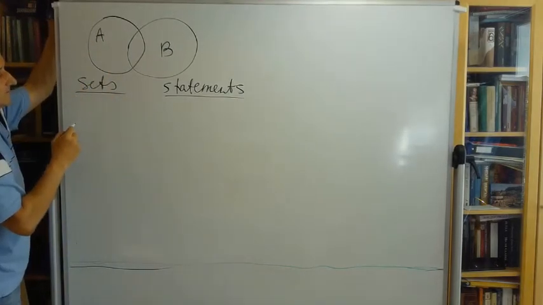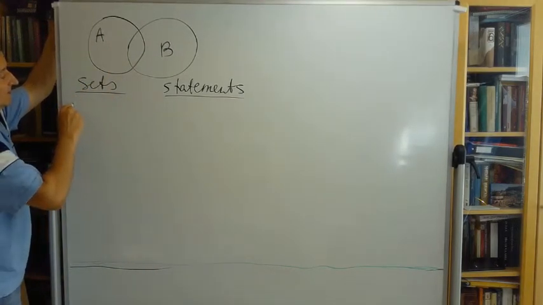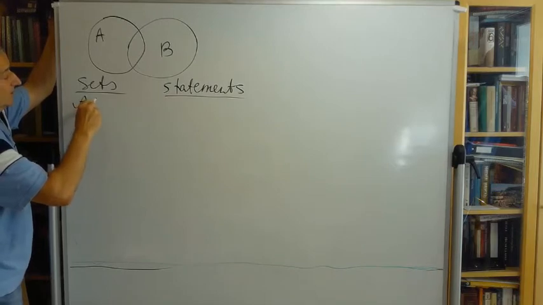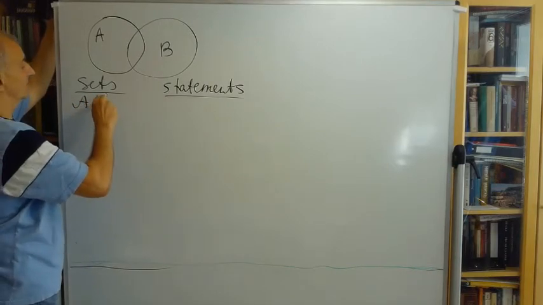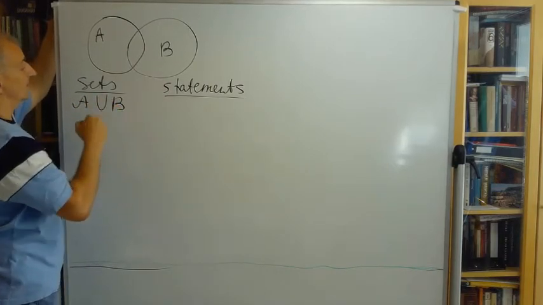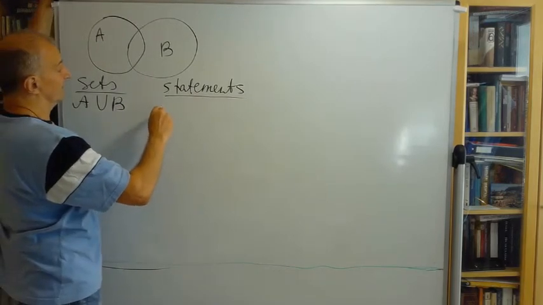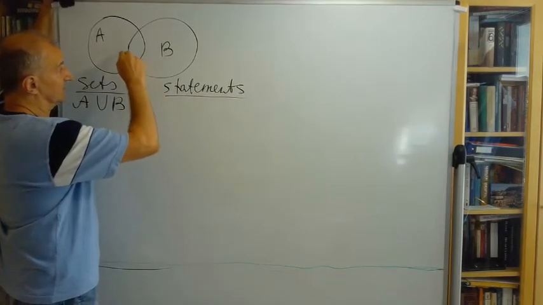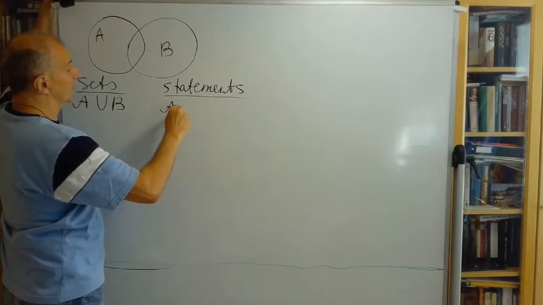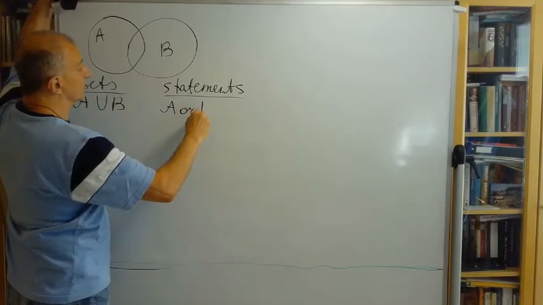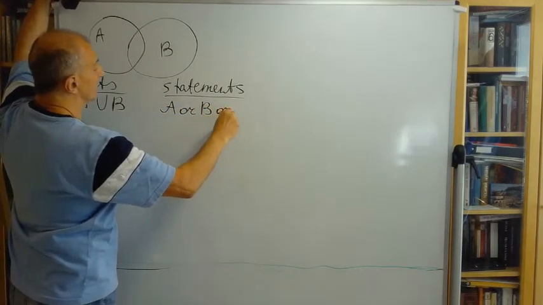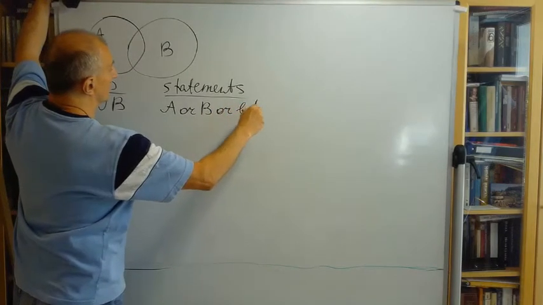So for sets we have the operation of union or addition, A or B. For statements, suppose A and B are statements, it says A or B or both.